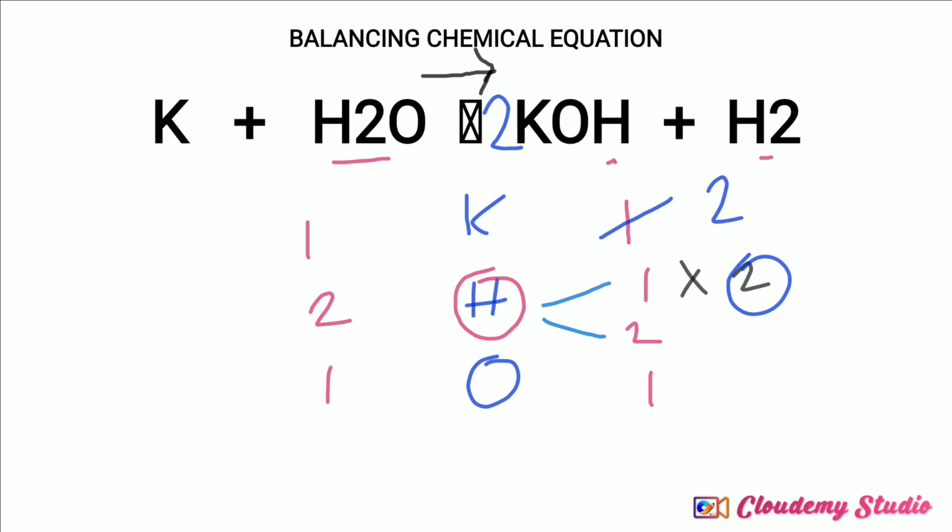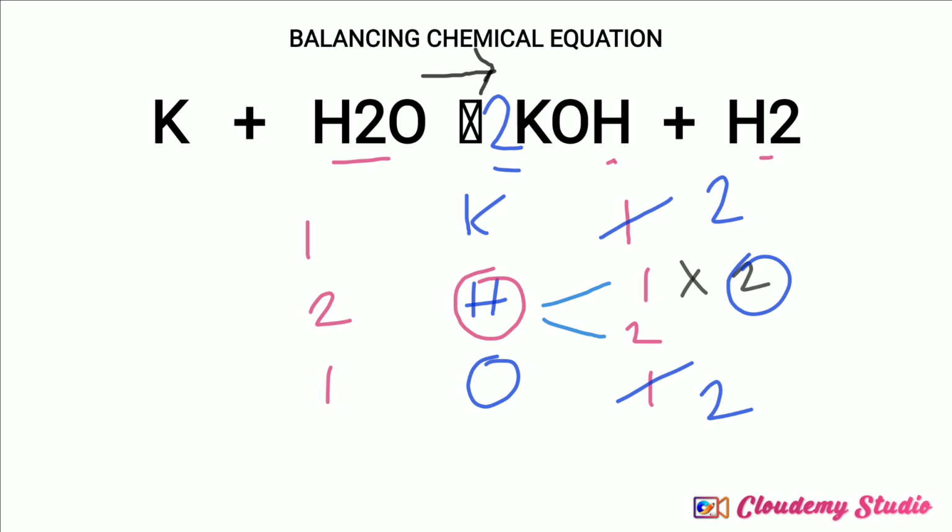So two potassium atoms. Similarly, oxygen also will change into 2 times at the right hand side because this coefficient 2 belongs to all the atoms present in potassium hydroxide KOH. Now the right hand side is over.